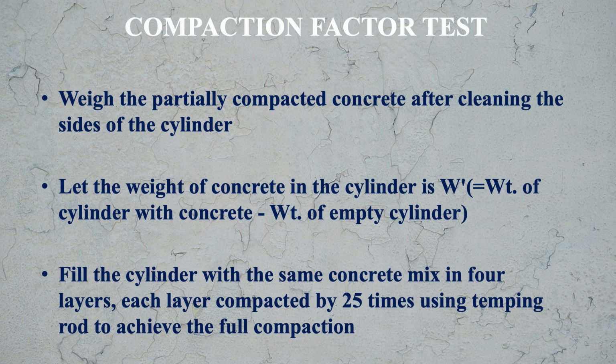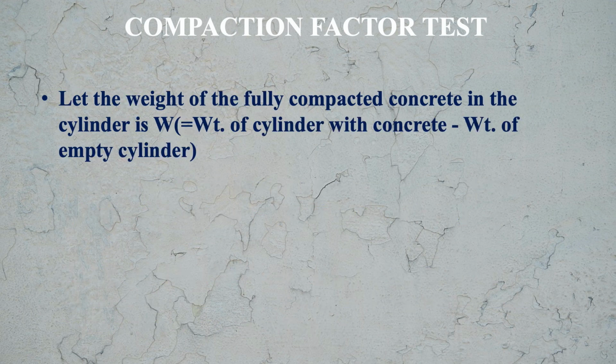Now we will fill the cylinder with the same concrete mix in 4 layers, each layer 1/4 of the height of the cylinder. Then we will compact each layer 25 times using the tamping rod, and finally we will weigh it. Let the weight of the fully compacted concrete in the cylinder be W, which is equal to the weight of the cylinder with concrete minus the weight of the empty cylinder.